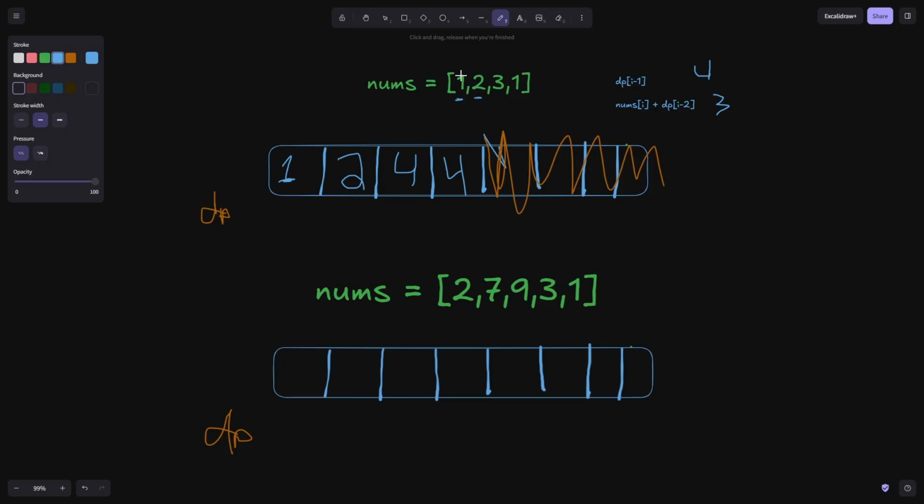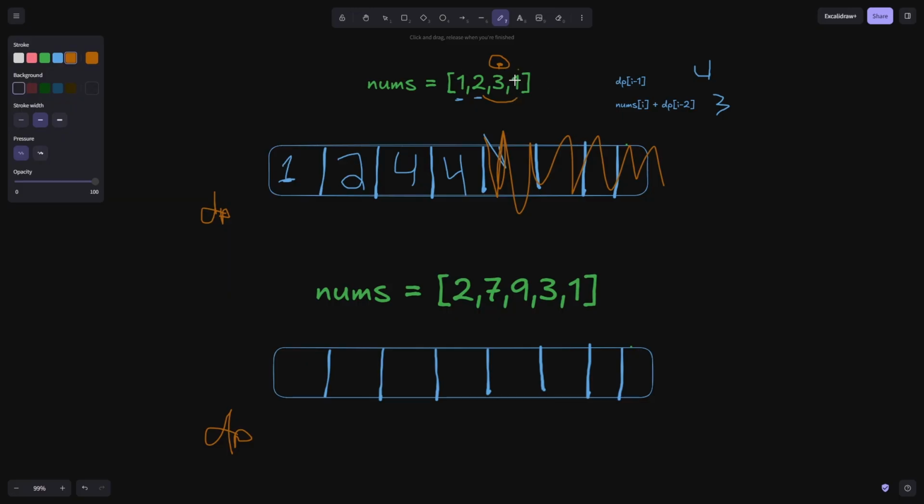Because what I mean is, how do we know, again, we can't rob adjacent houses, how do we know if this path is best or this path is best? Well, when we get to here, we're just going to check this hop against the maximum we've had up to this specific hop, and up to this specific hop, the max we had is 4.